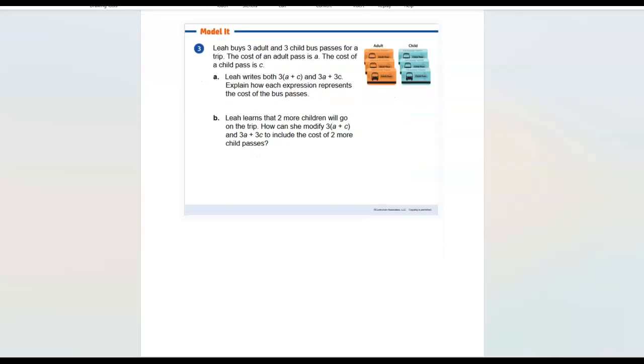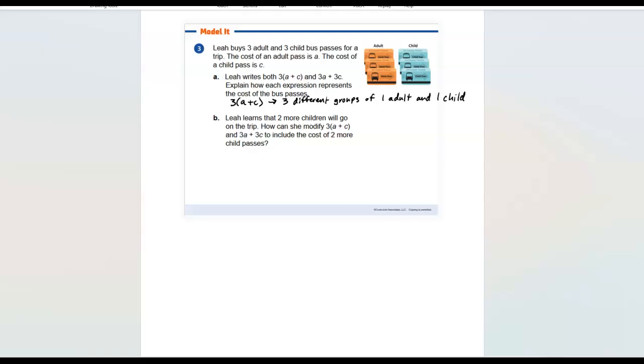Right? Next one, Leah buys 3 adult passes and 3 child passes for a trip. Cost of an adult pass is A. Cost of a child pass is C. She writes it in 3 different ways. First one, she says 3 times A plus C. And this is just 3 different groups of 1 adult and 1 child.